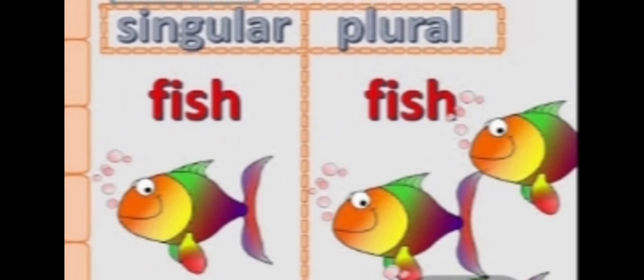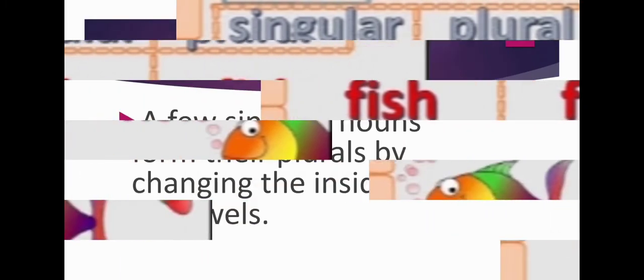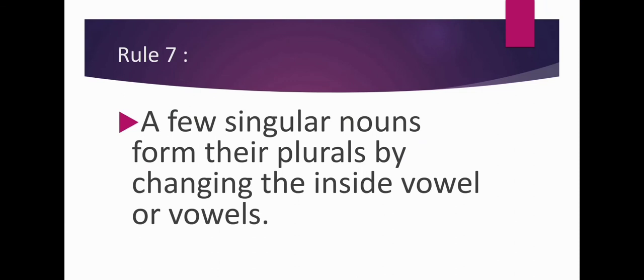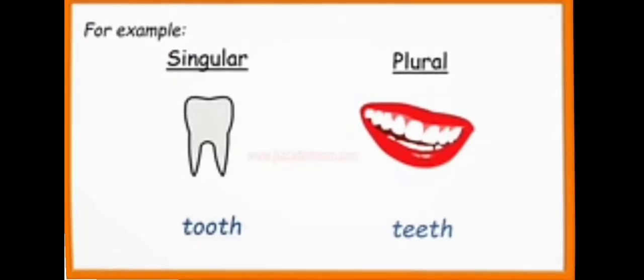Now, rule number 7. A few singular nouns form their plural by changing the inside vowel or vowels. The examples are: the singular form of tooth changes to the plural form by changing the inside vowels.